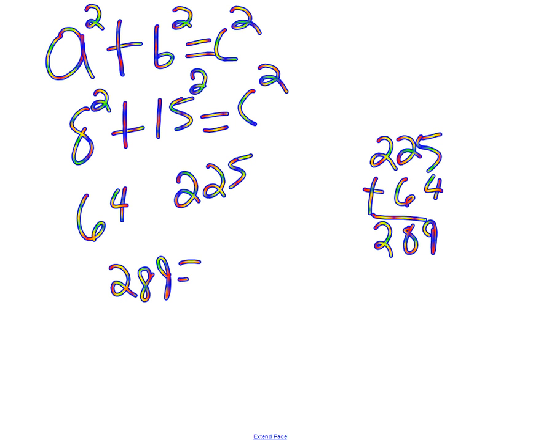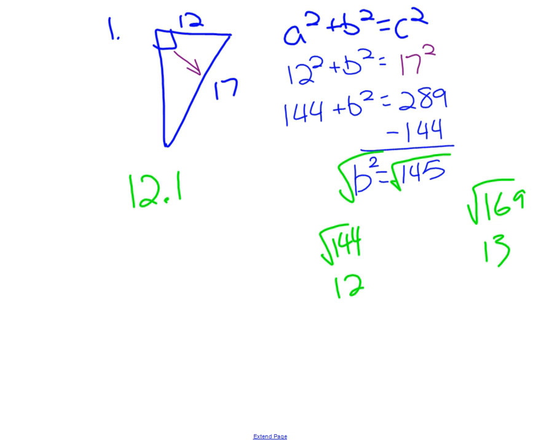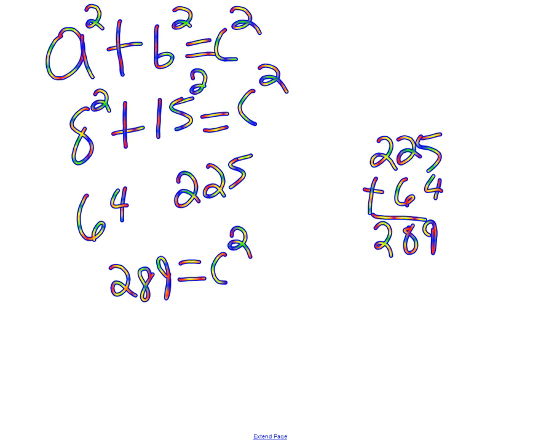And then 289 equals c squared. 289 is on 17. So it would be 17 squared. You do c equals 17, not squared.